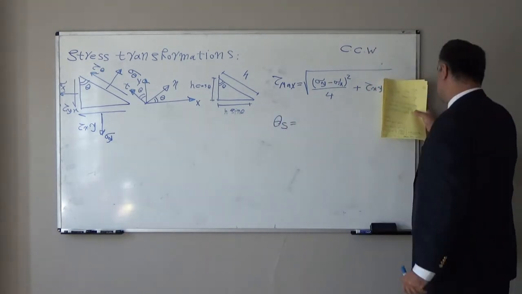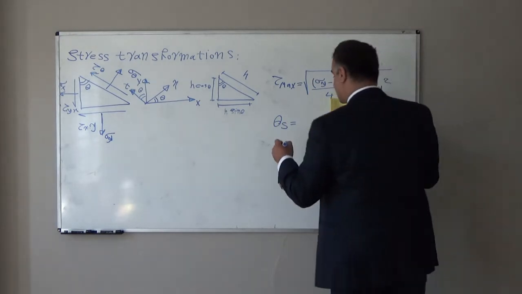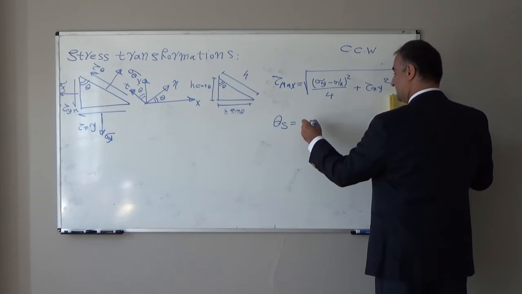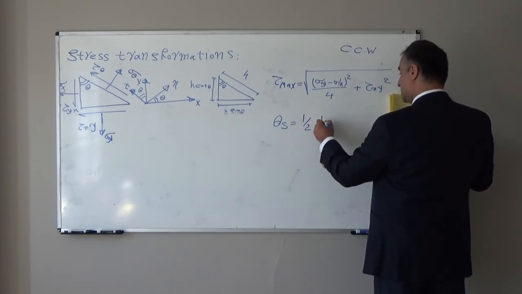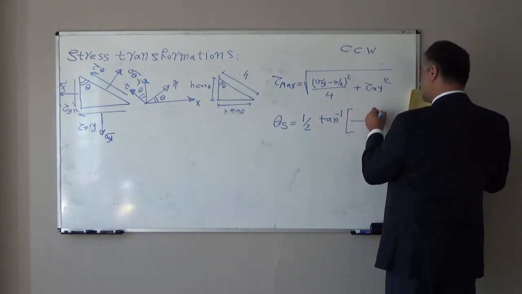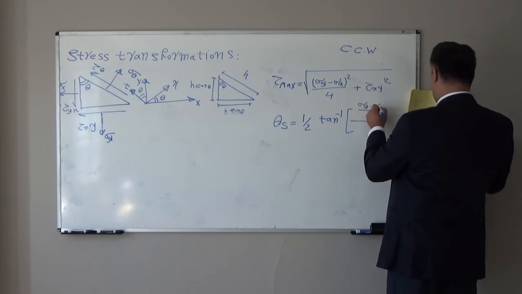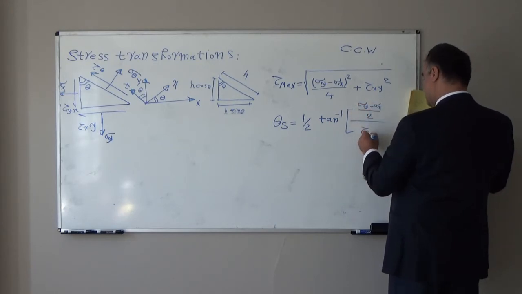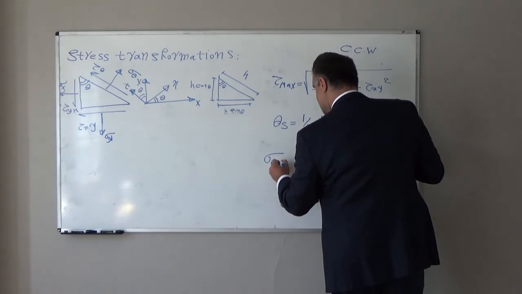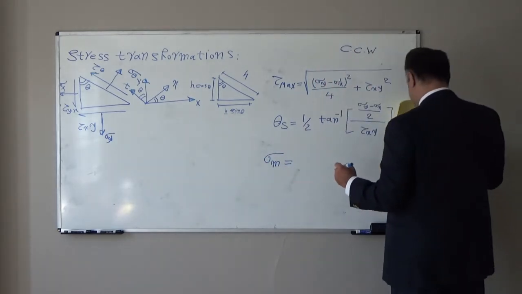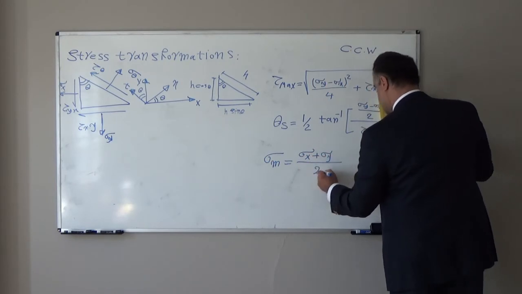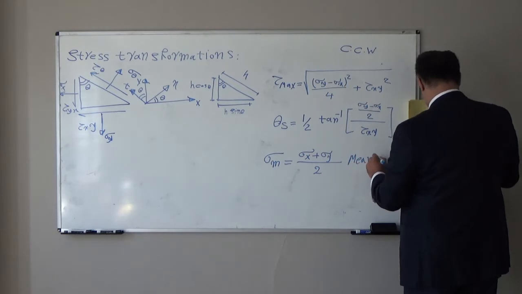Theta s, the maximum shear stress angle, we call it theta s. The maximum shear stress angle will be equal to 1 over 2 inverse tangent of sigma y minus sigma x over 2 divided by tau xy. Sigma m, the mean stress, will be equal to sigma x plus sigma y over 2. They call it mean stress.